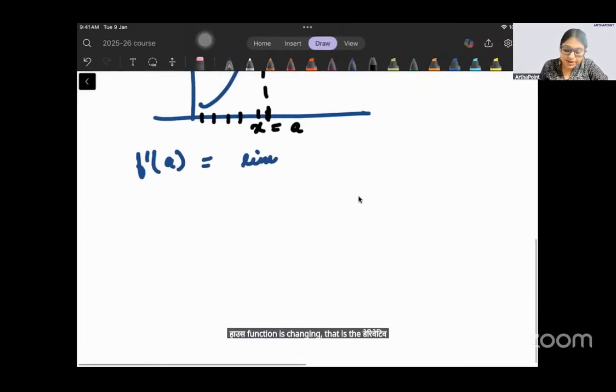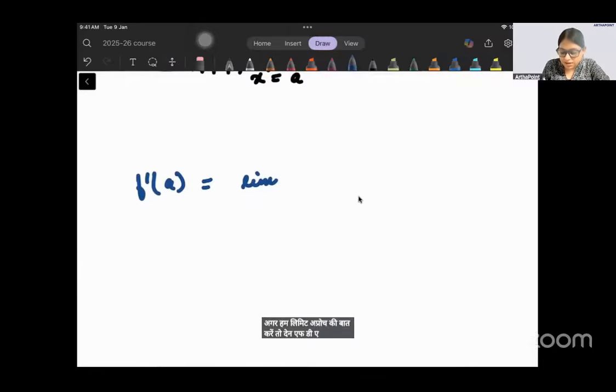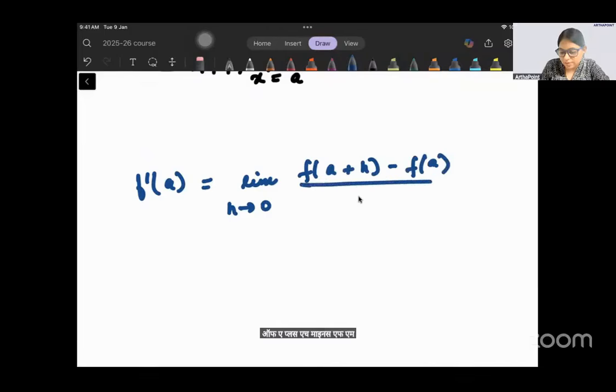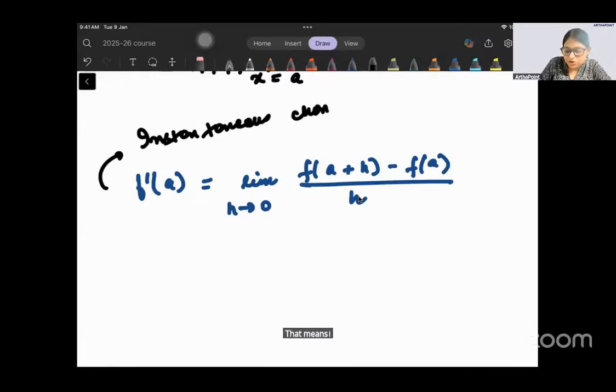So through the limit approach, f dash a is limit h tends to 0, f of a plus h minus f of a by h, right? This is also called as measuring the instantaneous change or instantaneous rate of change of a variable.